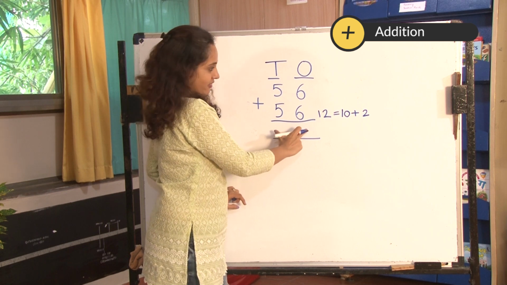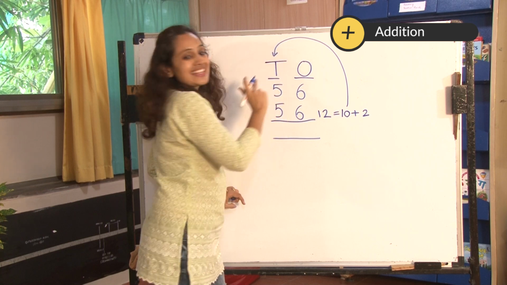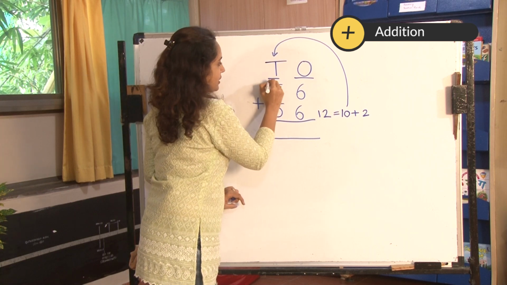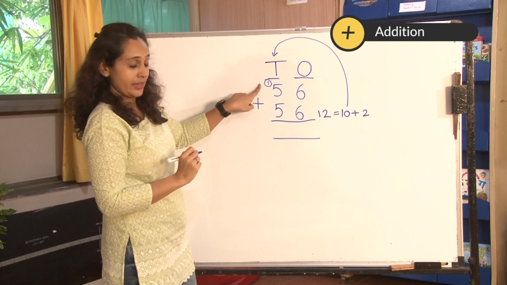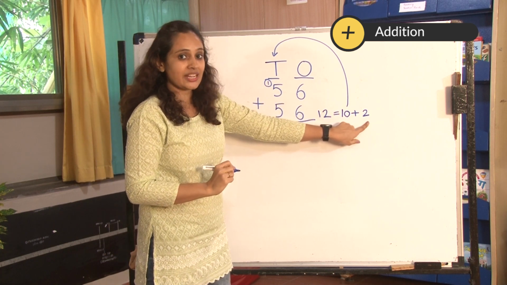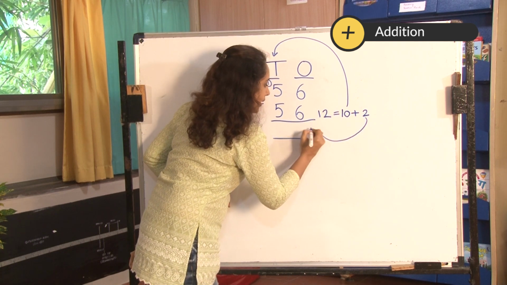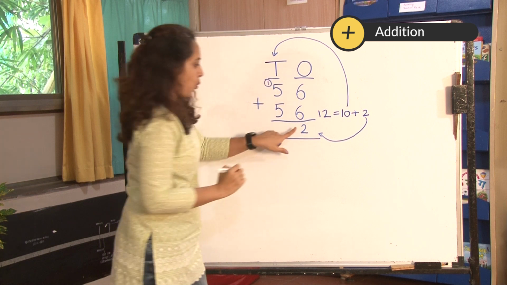No, I cannot have it. Where will I put it? I'll put it under the tens place. So I'll write it here. Now what do I do with 2 ones? Yes, I'll put it under the ones place. And I'll write it under ones.